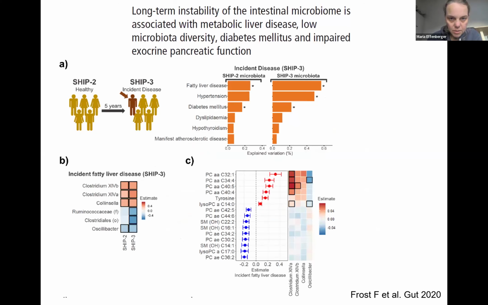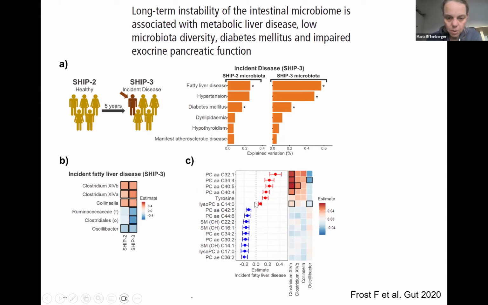That patients with an unstable intestinal microbiome, that means they have a lot of changes between the 5 years, were really likely to develop fatty liver disease, hypertension, and diabetes mellitus, which are all diseases associated with the metabolic disease group. So if you look at this figure, you can say that Clostridium difficile or Clostridium bacteria, which are already known as pathogens, are really high in these patients who develop disease.